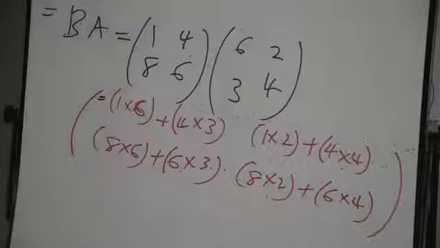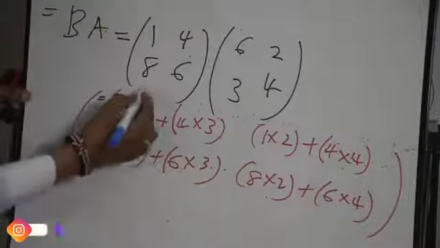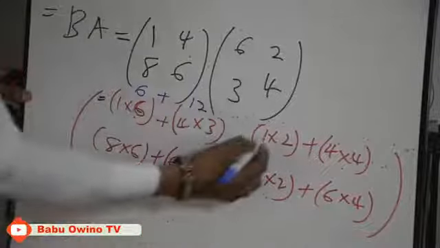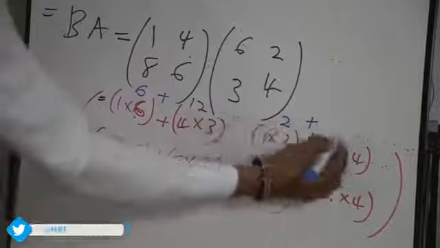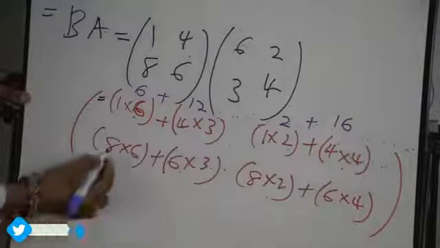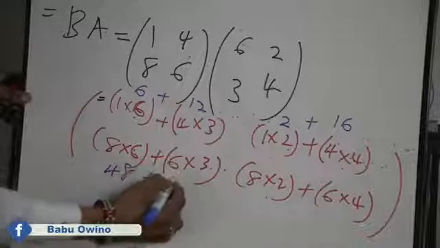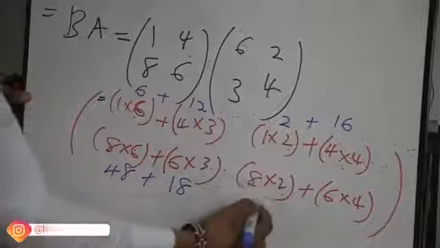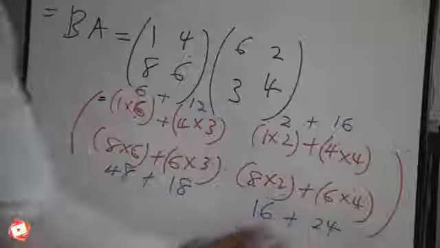What do we get here? 1 by 6 is 6, plus 4 by 3 is 12. 1 by 2 is 2, 4 by 4 is 16. 8 by 6 is 48, plus 6 by 3 is 18. 8 times 2 is 16, plus 6 by 4 is 24.